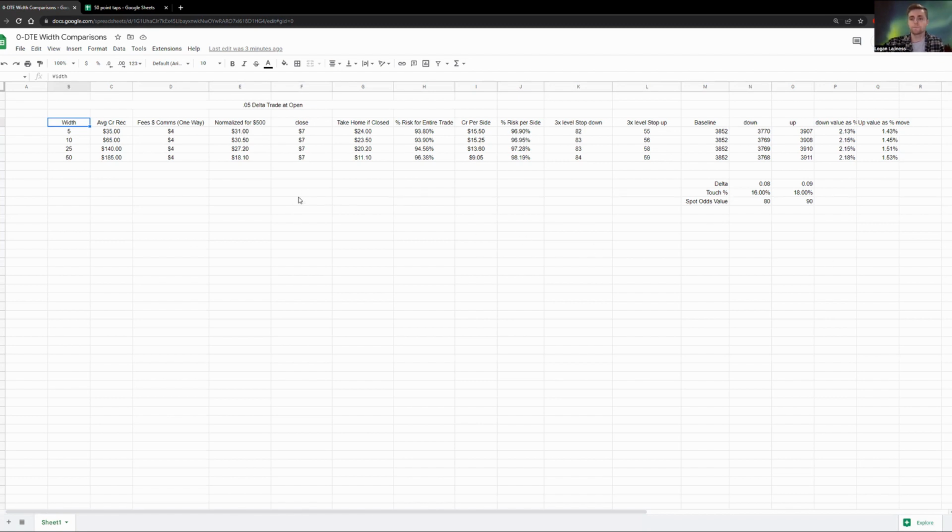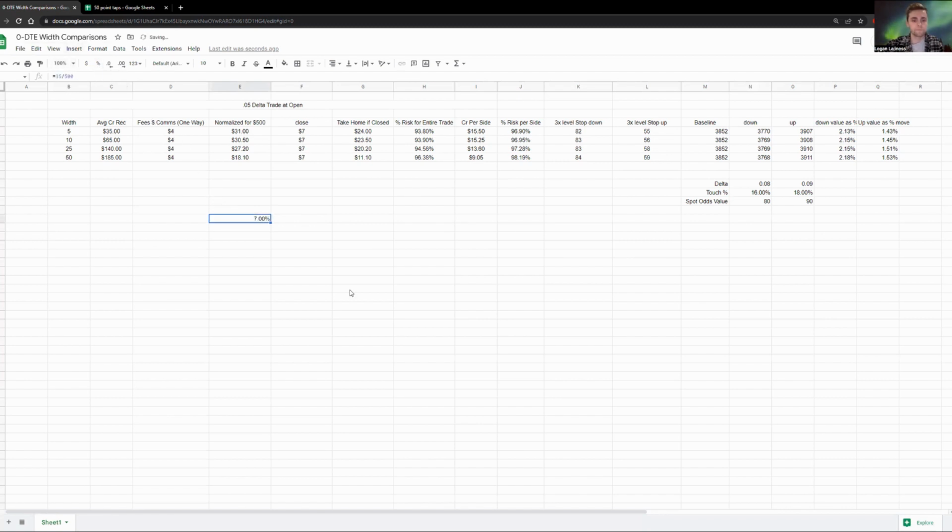If you take the price value that they give you in credit for an option, so let's say up here, this is a 5 wide, it's 35 credit. So if you take a $35 credit and you divide that by the width, the number you get back, I'm going to turn this into a percentage.